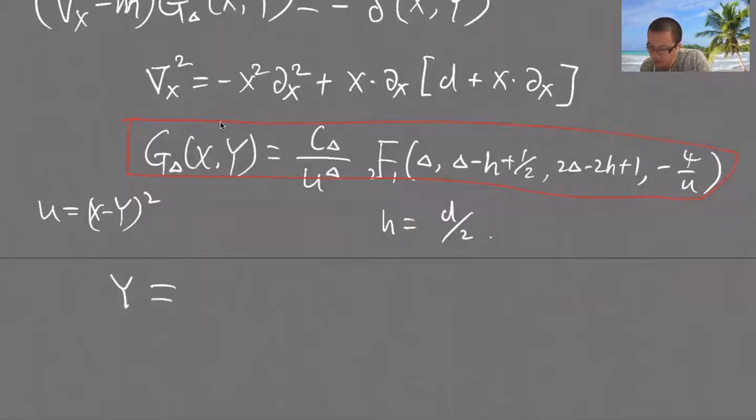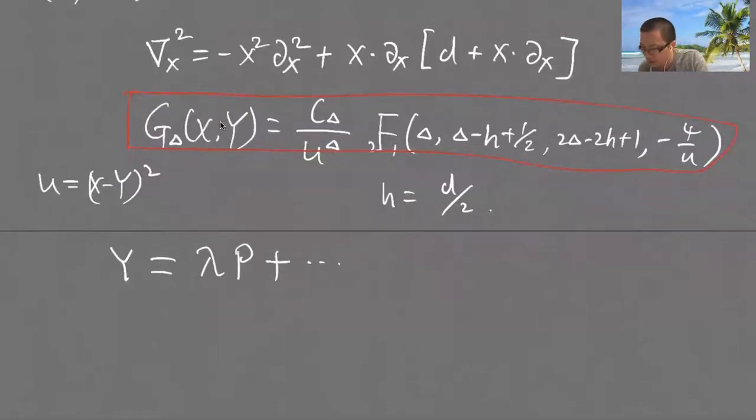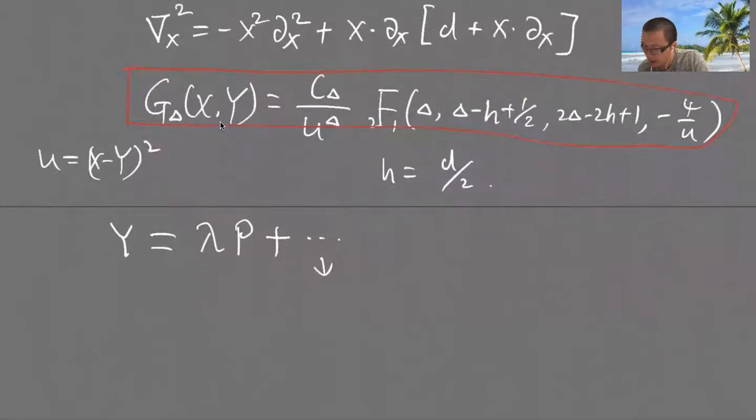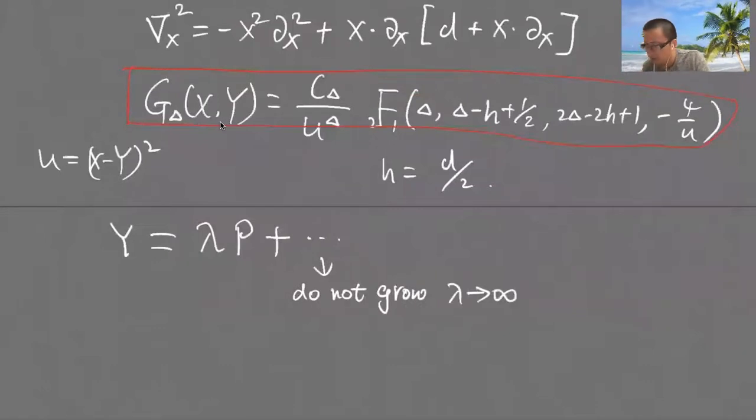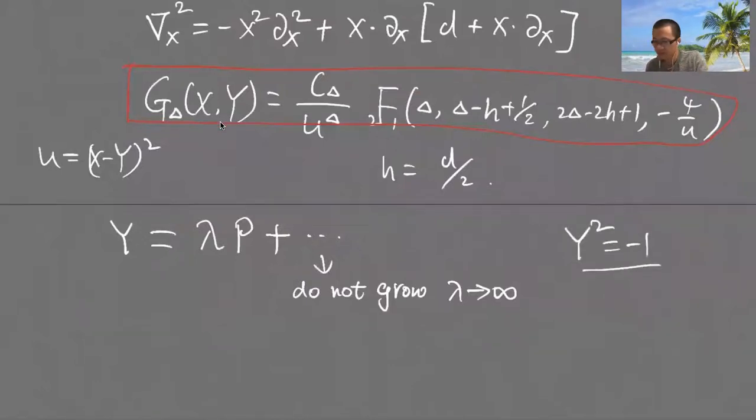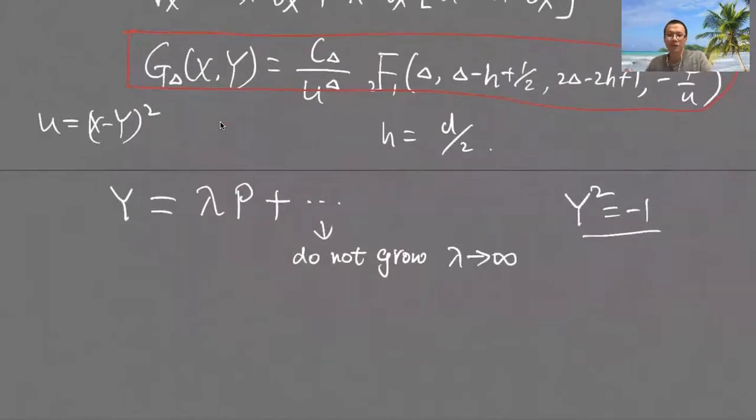To do that, we can set y to lambda p plus something else, where the something else does not grow as lambda goes to infinity. The purpose of this something else is just to make sure y squared equals minus 1. Okay. So now we can take lambda to infinity.